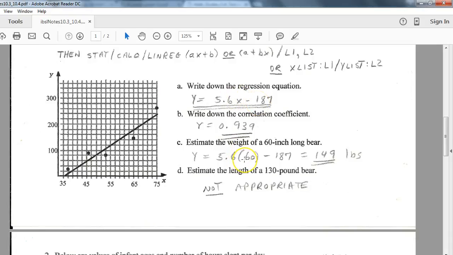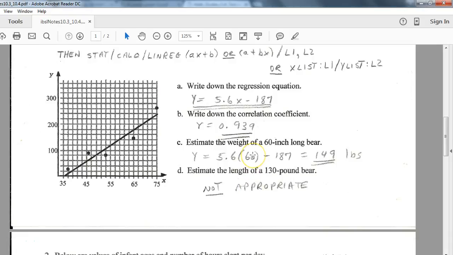And so if they said estimate the weight of a 60-inch long bear, so they're giving me a length to sub in for X. So we plug that in, and we're going to come out with the estimated weight. Remember that if you use a data point that is inside the range of your data, then it's interpolation and it is appropriate.